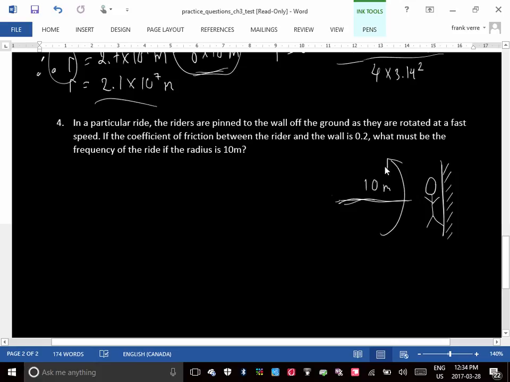And the rider is pinned to the wall, which means they don't slide down that wall. So if they don't slide down, that tells you something about friction and gravity, right? Because if it's not sliding down, it's not moving. If it's not moving, it's not accelerating. If it's not accelerating, that means that the net force is 0.